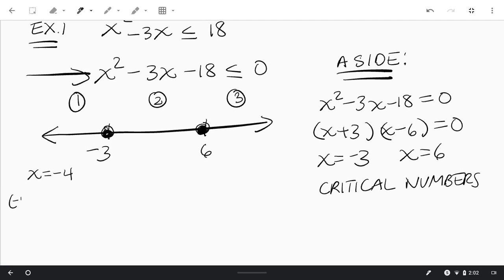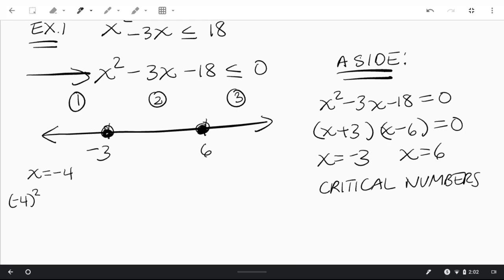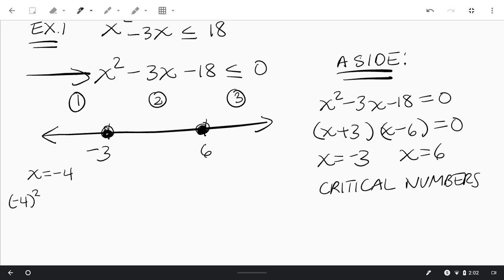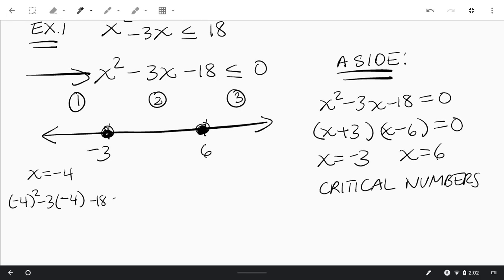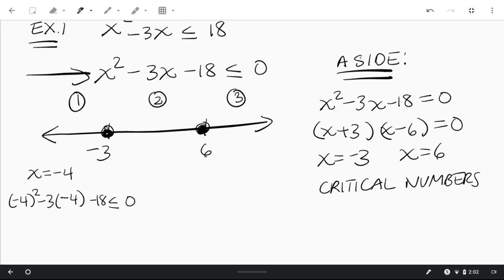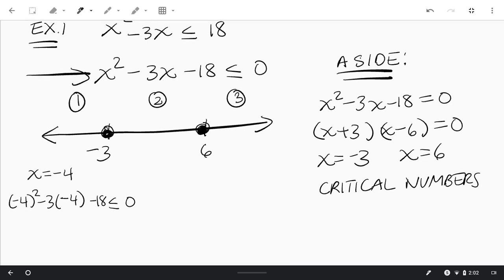All right, so I get negative 4 squared minus 3 times negative 4 minus 18. And I want to know, is that less than or equal to 0? Okay, so here I get 16 plus 12 minus 18.